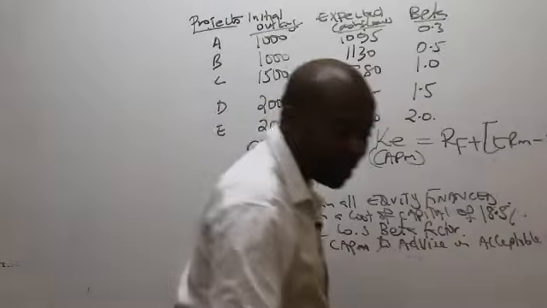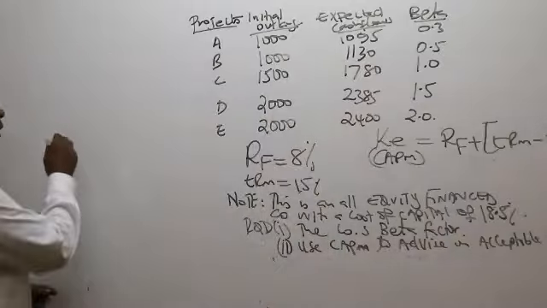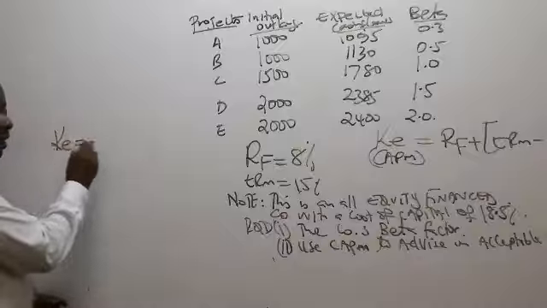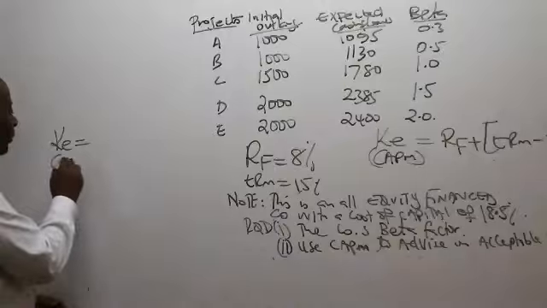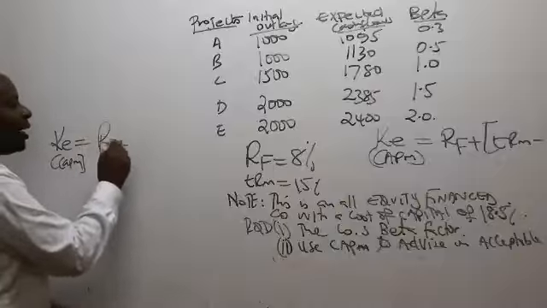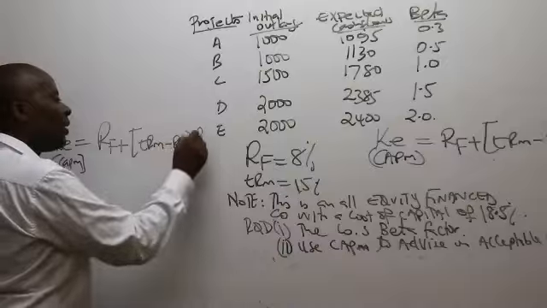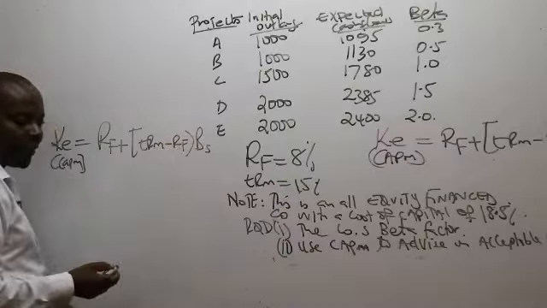Let me write this formula where you can see. So our cost of equity using CAPM will be equal to risk-free plus ERM minus risk-free multiplied by beta of any security.